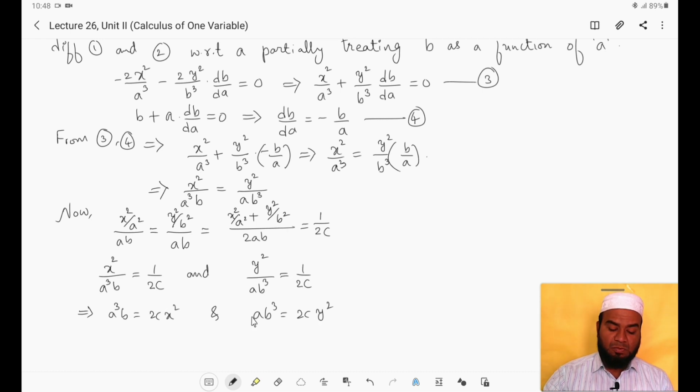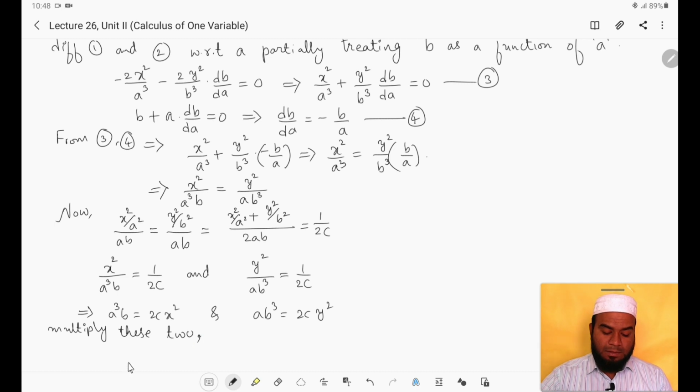Now multiply these two. See, a cube is there, here a is there, a power 4, and here b is there, here b cube is there, b power 4 equals to 2 into 2 is 4, c into c is c square, x square and y square, right?